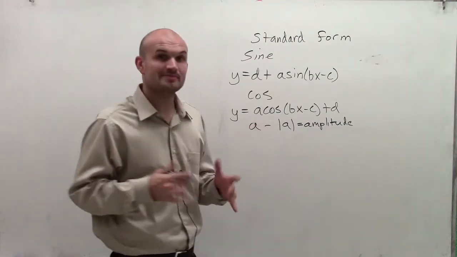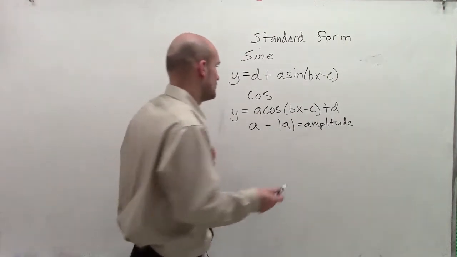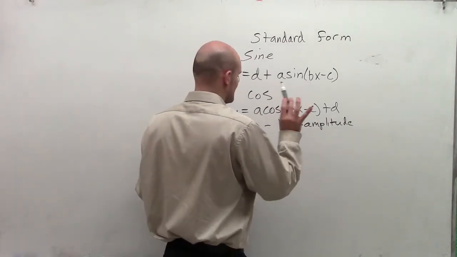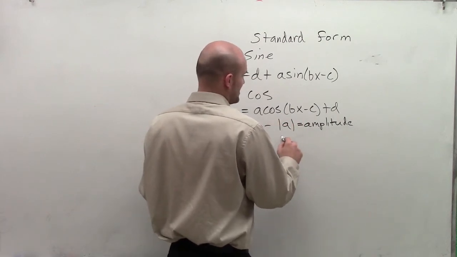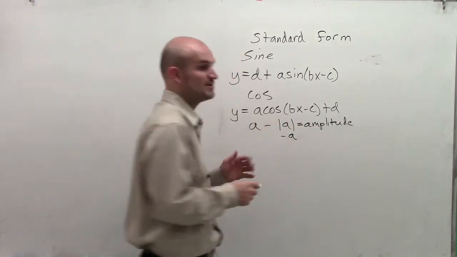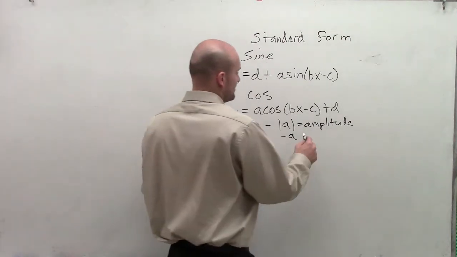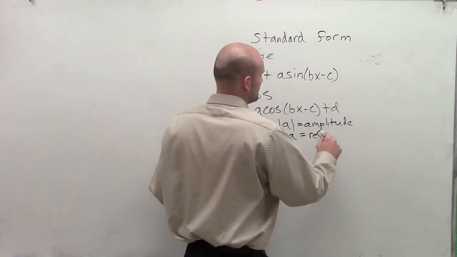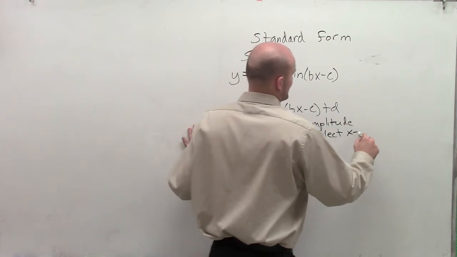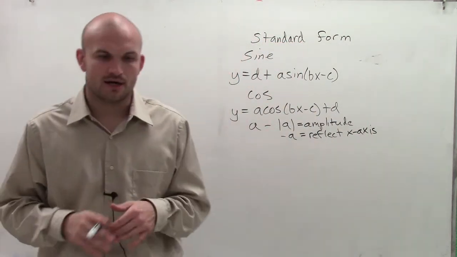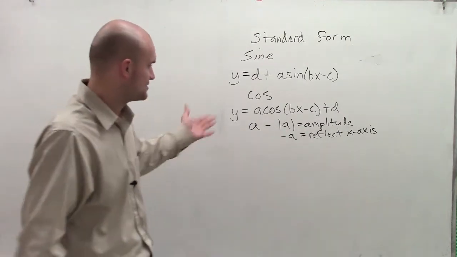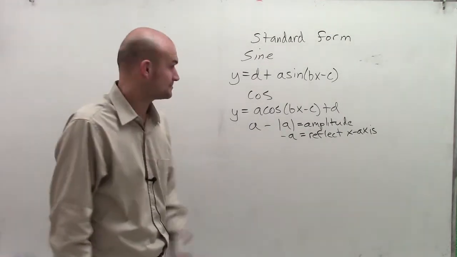A is also going to be a reflection, or I'm sorry, just if it's negative it's going to be a reflection over the x-axis. So if we have a negative value of a, that means the graph is going to reflect over the x-axis. We'll actually talk about not reflecting the y. That's just going to reflect the x-axis.